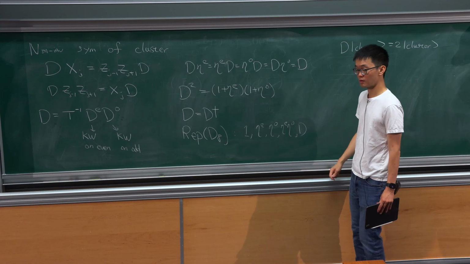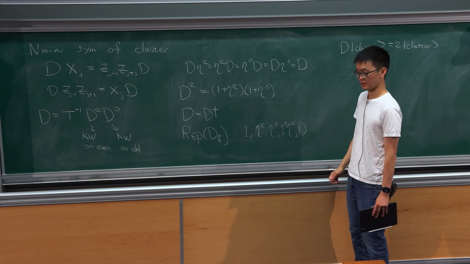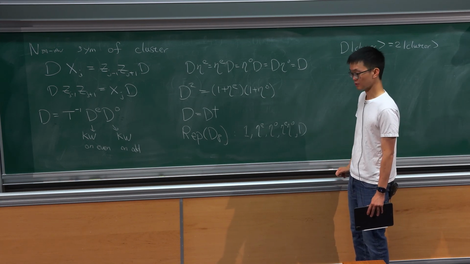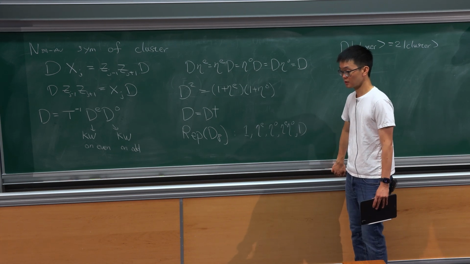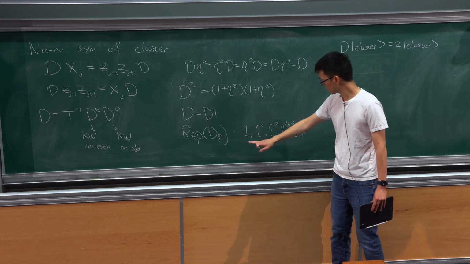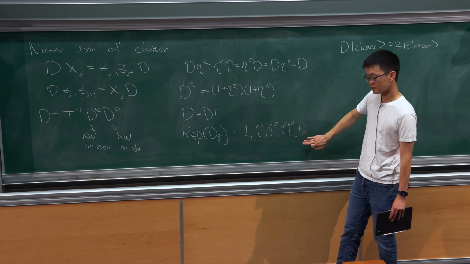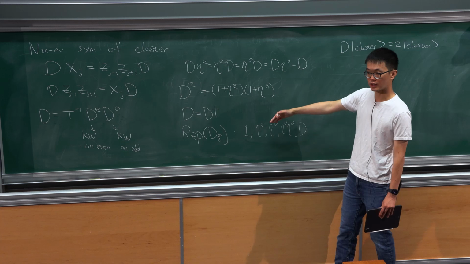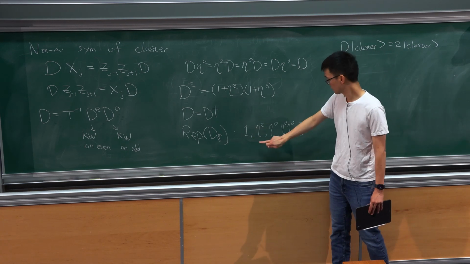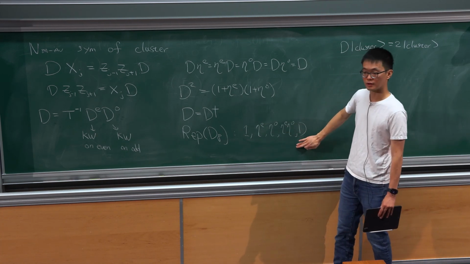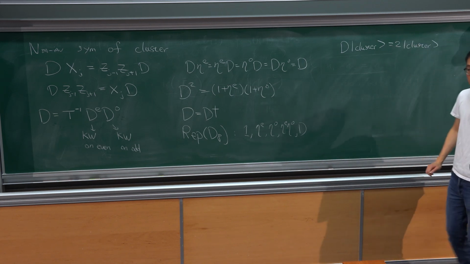And the fusion rule is basically what you write down there. You can check that there are five simple objects here, and that corresponds to the five irreducible representations of D8. Four of them are one-dimensional, and there's a non-abelian two-dimensional representation.